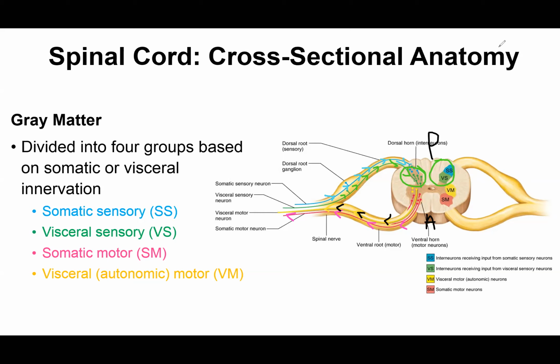That information gets integrated in one way or another, and then that information can be sent to the ventral horns where that signal, the motor signal, can be relayed out to the body. Okay, so stuff comes in, we integrate it, and then we send it out.